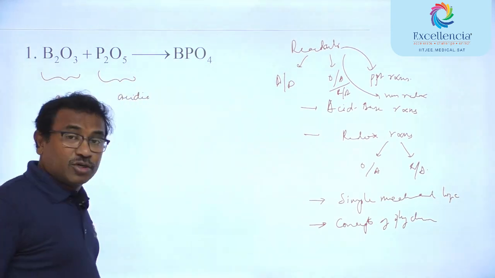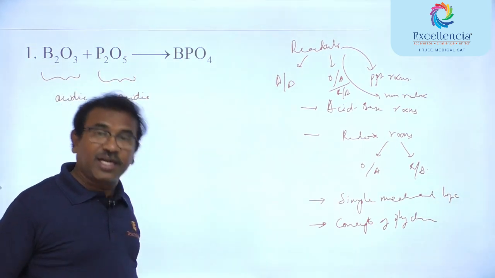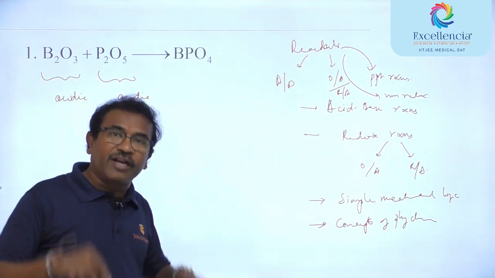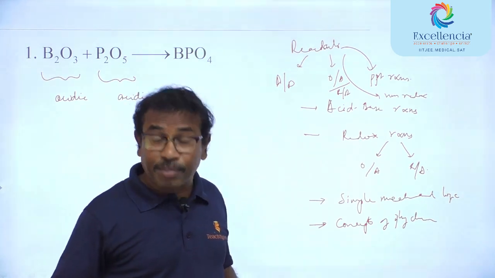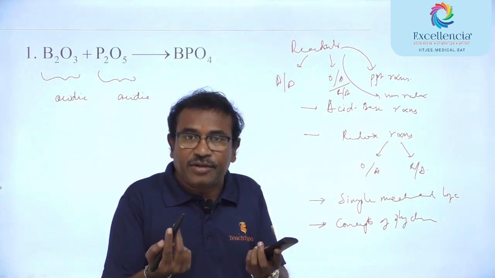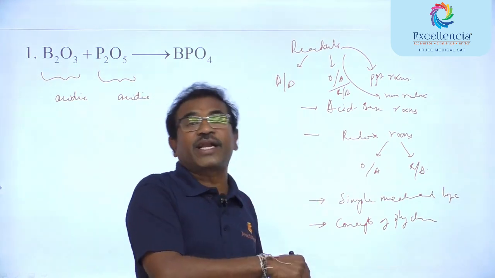Now these two acids, generally two acids can react under the circumstance where, out of those two, whichever is stronger will force the other one to act as a base. I repeat, a key point: when you come across reactions between two acids, the stronger one will force the weaker one to act as a base.